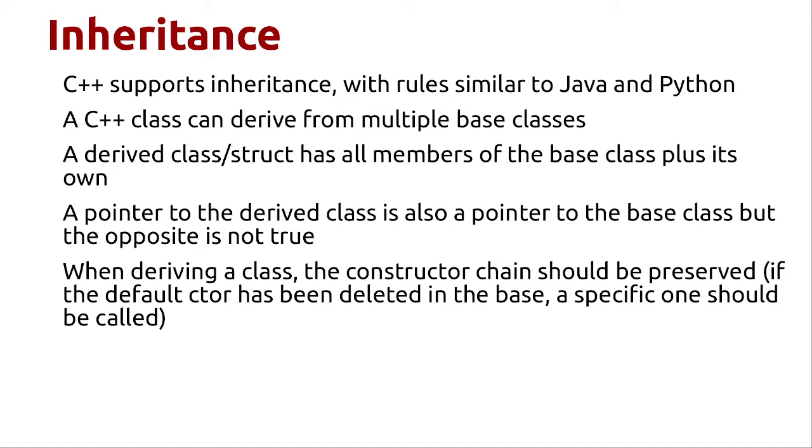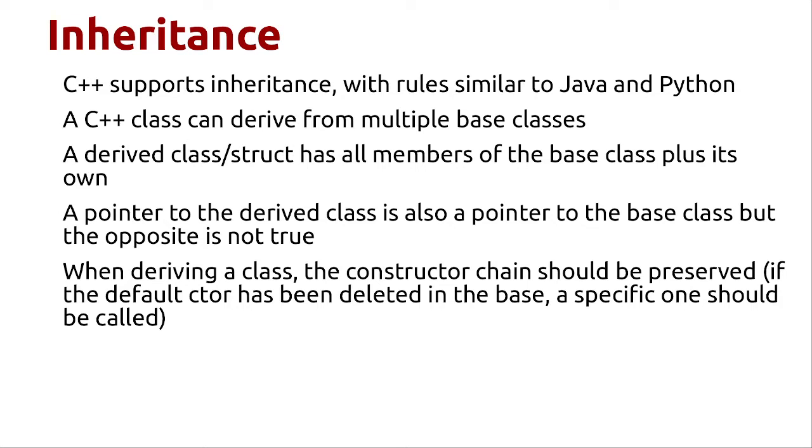So I can take a Student and assign it to a Person. If I do so, and it's a concrete object, not a pointer, I will copy from the Student struct into the Person struct all members of the Student that are contained in the Person subobject. So I copy only a part of it.